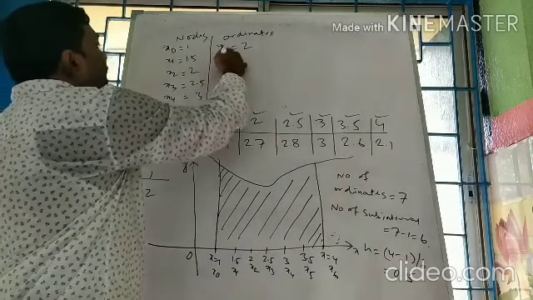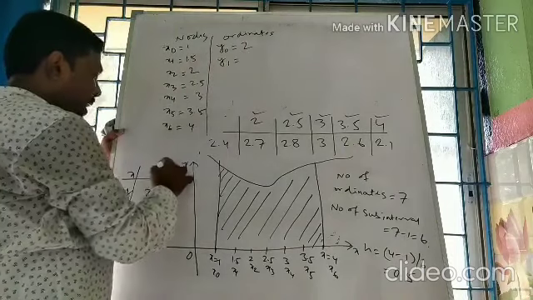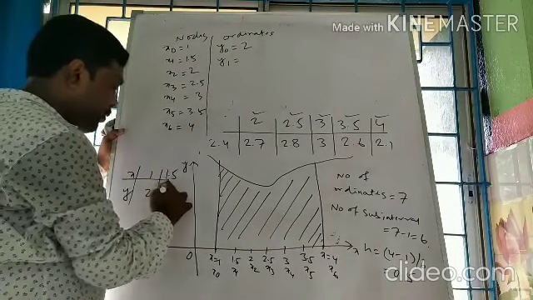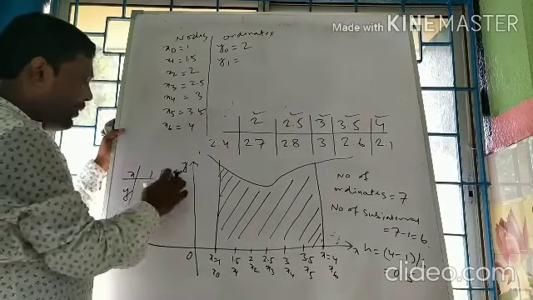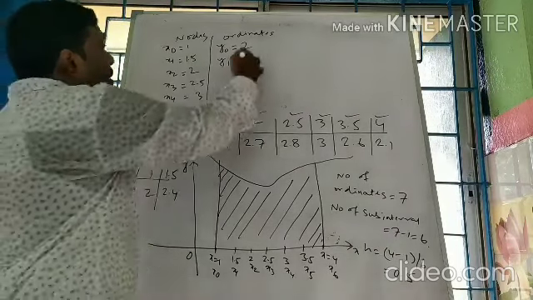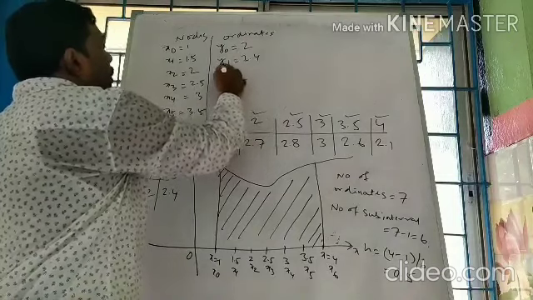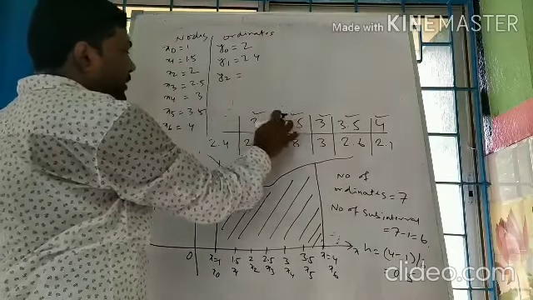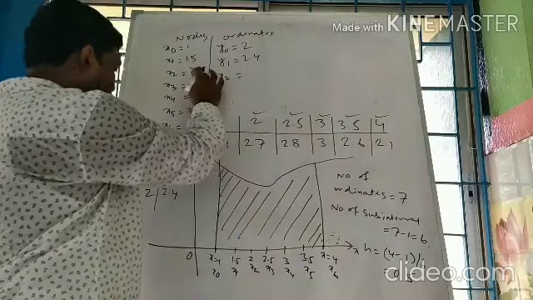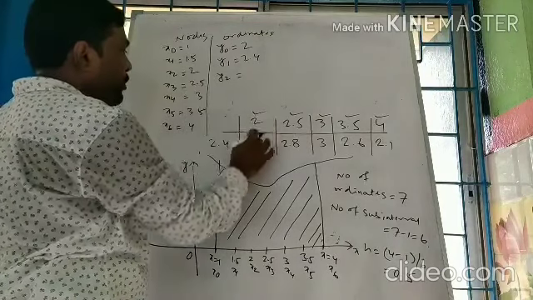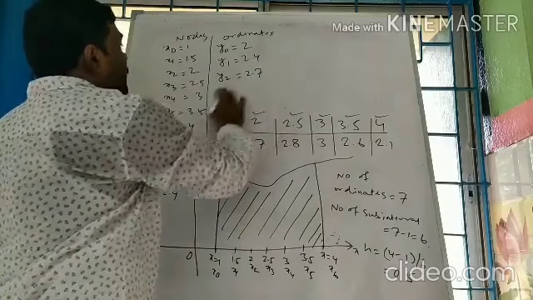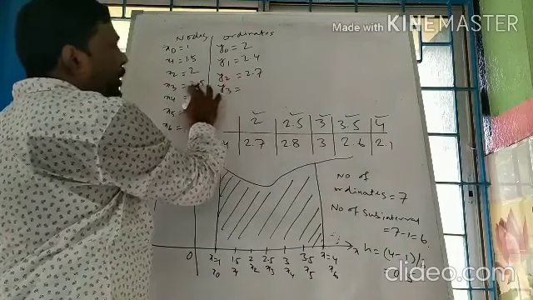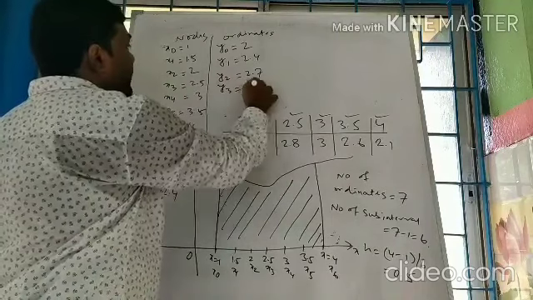Now y1, at the point 1.5, y is 2.4. y2, at the point 2, the value of y is 2.7. Next y3, at the point 2.5, the value of y is 2.8.